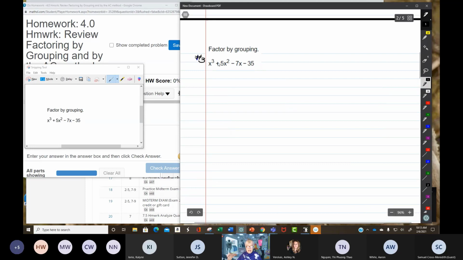Now it says to factor these guys by grouping. Now watch carefully. The first two terms are never a problem. I say never. There's probably a time when they are. When I leave a space like that, you know I'm up to something.